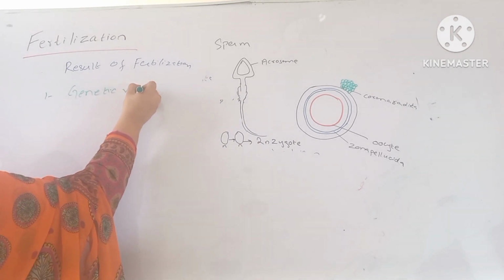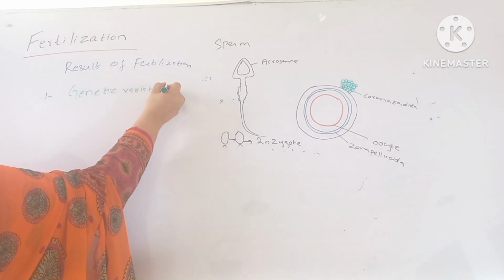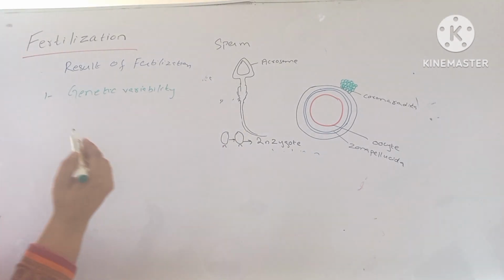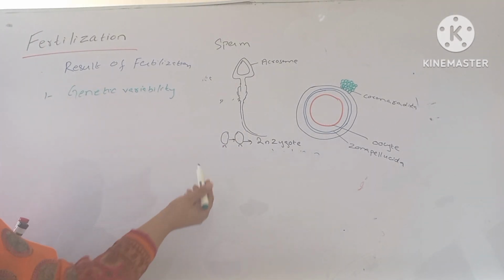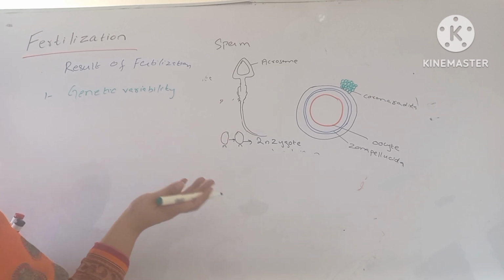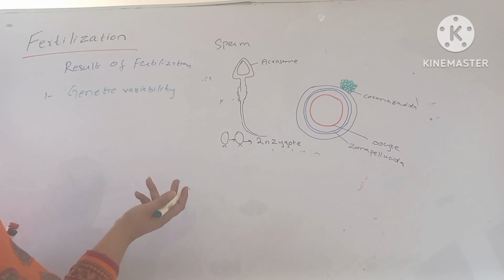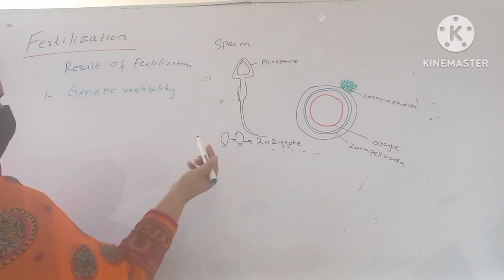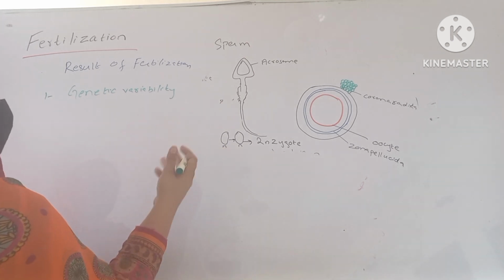Genetic variability, because when these two pronuclei fuse to form the zygote, in future sometimes there will be a male baby or sometimes a female. Genetic variability also occurs because of the different nature of the chromosomes from the male and the female.